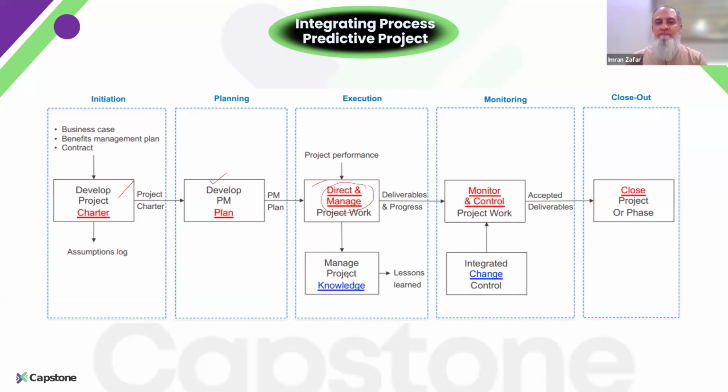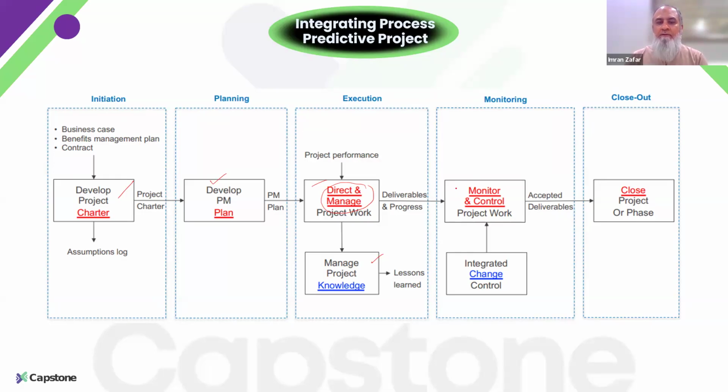So whatever knowledge is being produced by the project, we need to manage. We need to store or record that knowledge so that it can later become part of our knowledge repository. So this is another process that goes hand in hand in the execution phase with direct and manage project work.